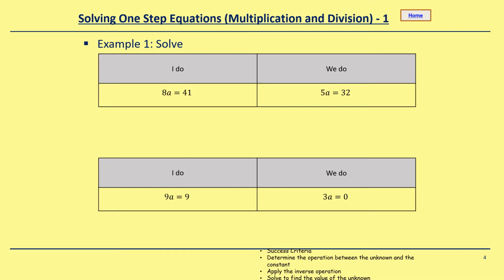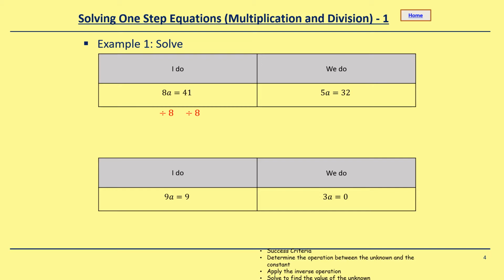So 8 times a is 41. So what has happened to a? Well, it's been multiplied by 8. So the opposite of multiply by 8 is divide by 8. And remember, whatever we do to the left hand side, we have to do to the right hand side.